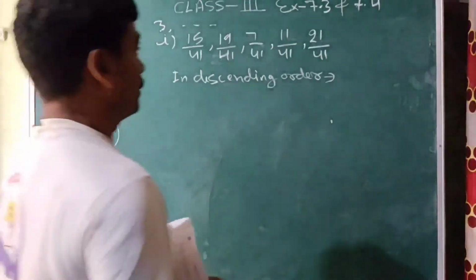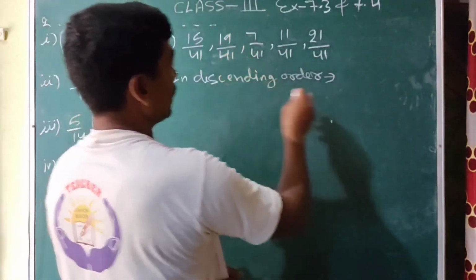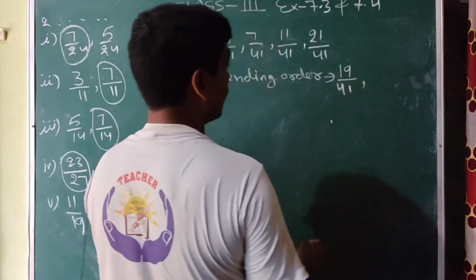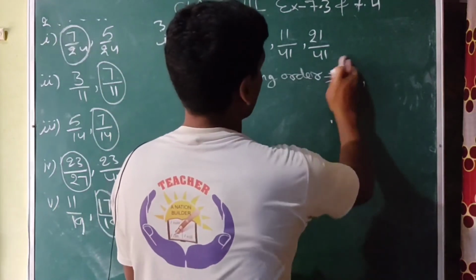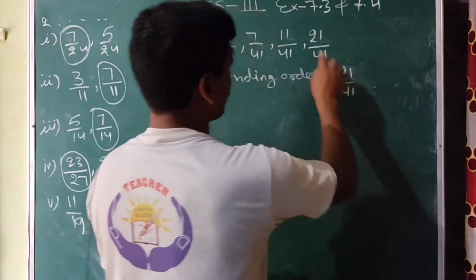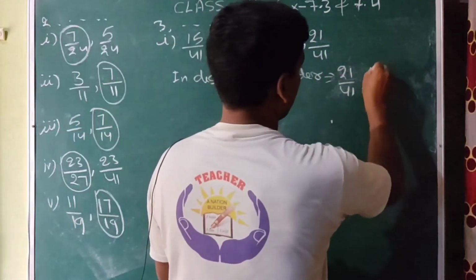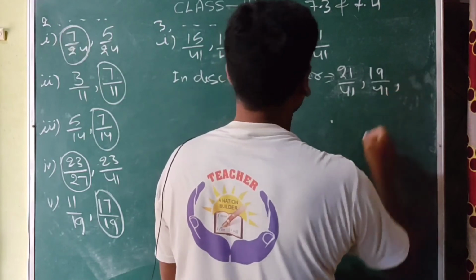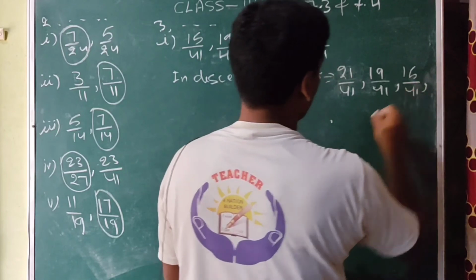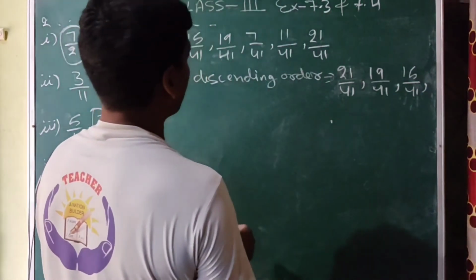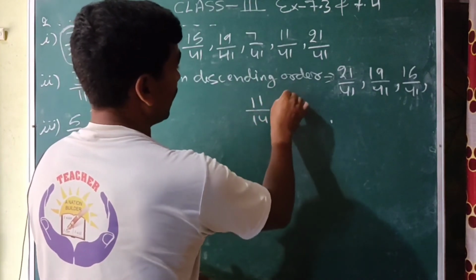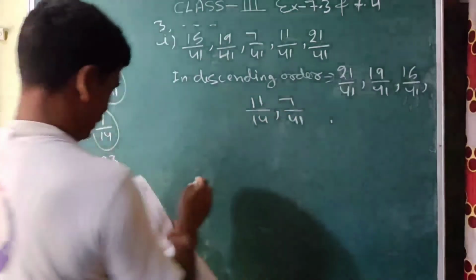First of all, you will see the greater. 21 is greater than 19, so 21 upon 41, then 19 upon 41, and then 15 upon 41, after that 11 upon 41, and then last is 7 upon 41.